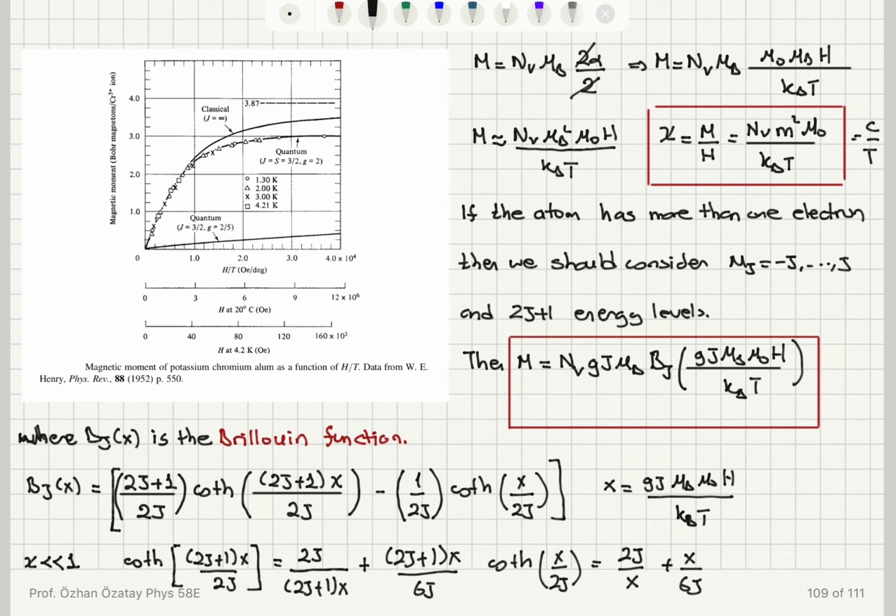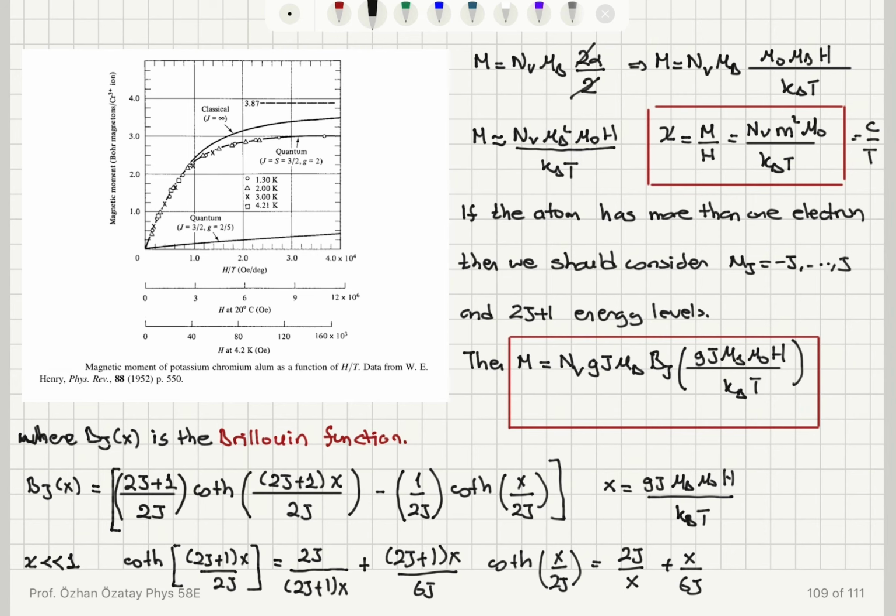If the atom has more than one electron, then this is replaced by N_v times g_J mu_B, the magnetic moment per atom, times the Brillouin function B_J of g_J mu_B mu_0 H over k_B T, where B_J(x) is called the Brillouin function, and it has this form.